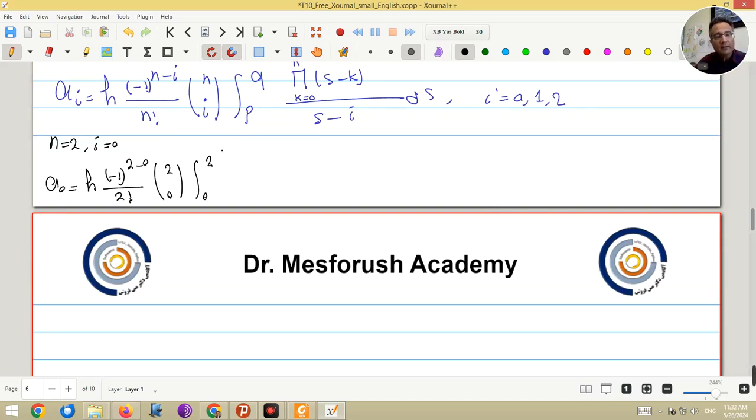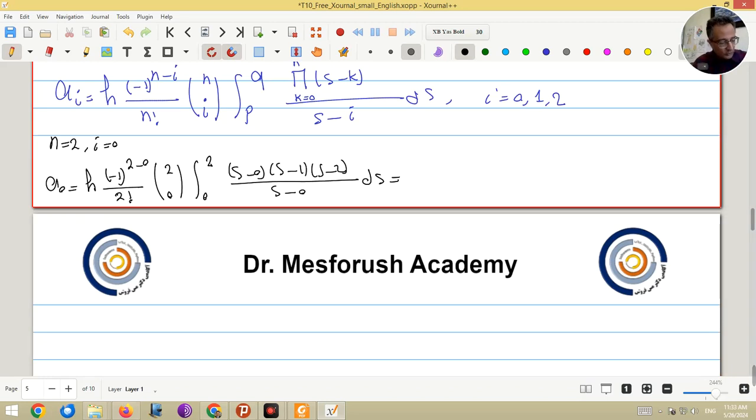And in the numerator I will have s minus 0 times s minus 1 times s minus 2 over s minus 0, d of s. If you compute this one, this is h over 2, okay?